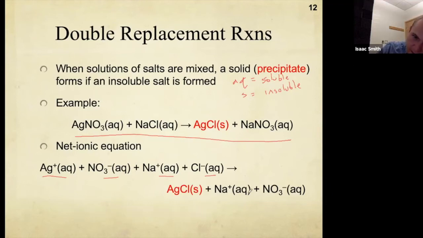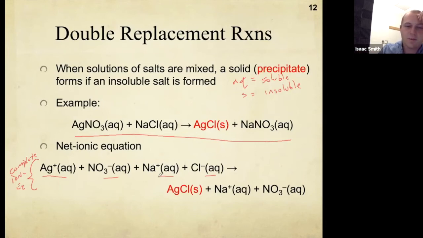This right here is referred to as the complete, or sometimes the full, ionic equation, okay? Then what you can do is cancel out ions on the left and the right that really don't do anything in the reaction.